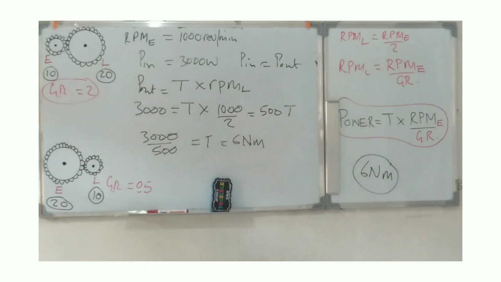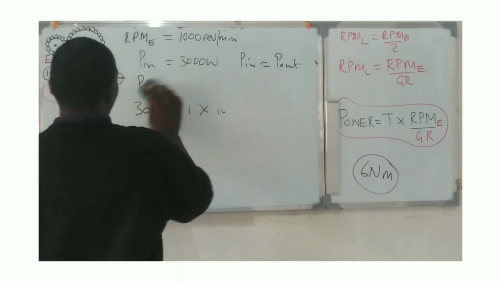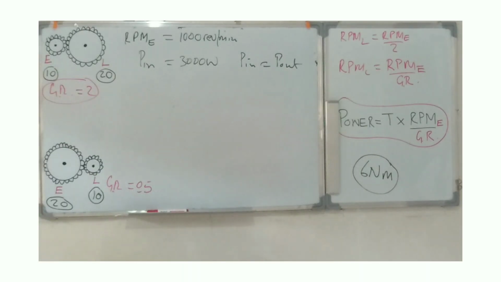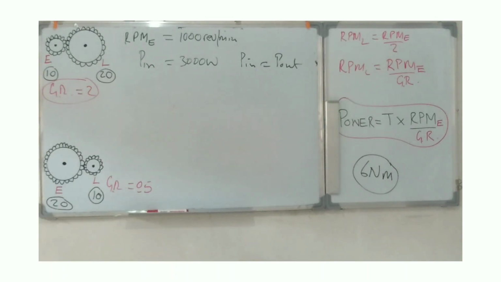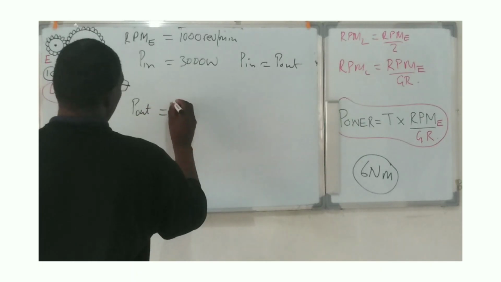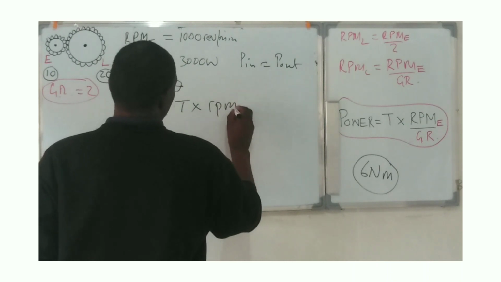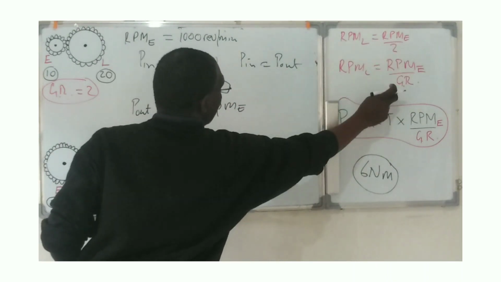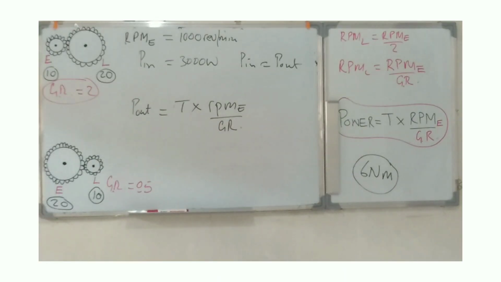Now let's shift the gears and come down here. First of all, let me clear the space. Our power from the engine is still the same. Our revolution for the effort here is still the same. So we can now write power out. Remember, it's equal to torque times RPM of the effort gear divided by gear ratio as before. What are the numbers?